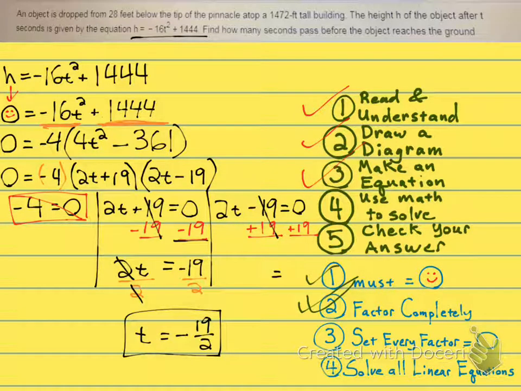So I have 2t equals 19. Right, 0 plus 19 is 19. And one more step to get the grumpy old t by herself. I need to divide out this 2. So on the left-hand side, 2 over 2 is 1. 1t equals, and on the right-hand side, it is 19 over 2.